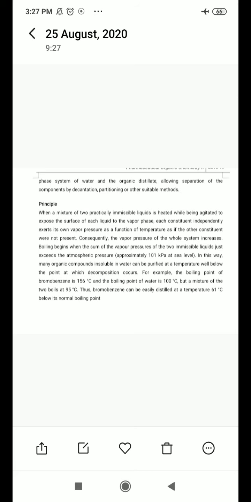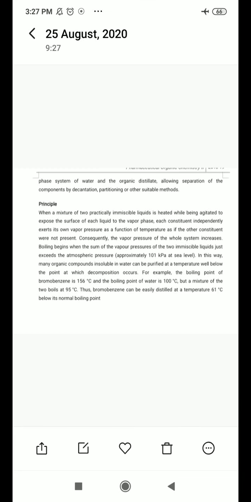Here one example is given. The boiling point of bromobenzene is 150 degrees Celsius. What is the boiling point of bromobenzene? It is 150 degrees Celsius, and the boiling point of water is 100 degrees Celsius. But a mixture of the two boils at 95 degrees Celsius. Why can a mixture of these two boil at 95 degrees Celsius?